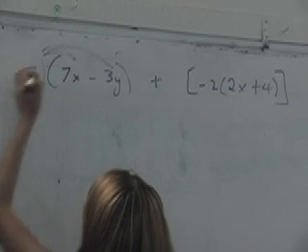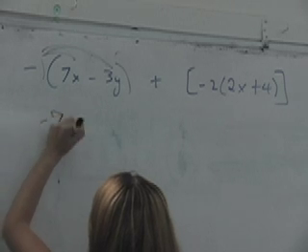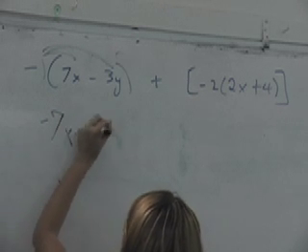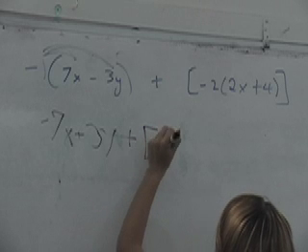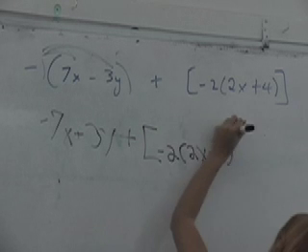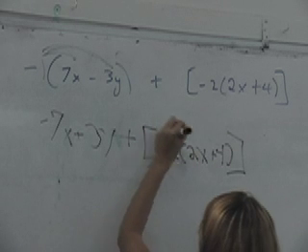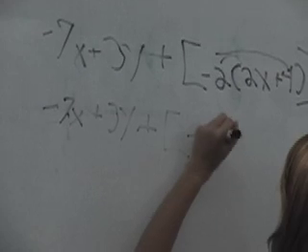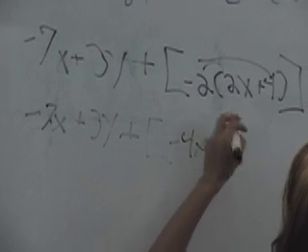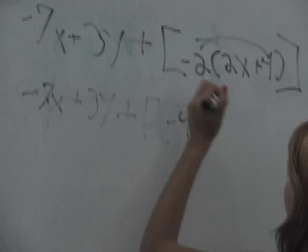First, you distribute negative 7x plus 3y plus that thing. And then you distribute that. Got it. So it's negative x minus 8.